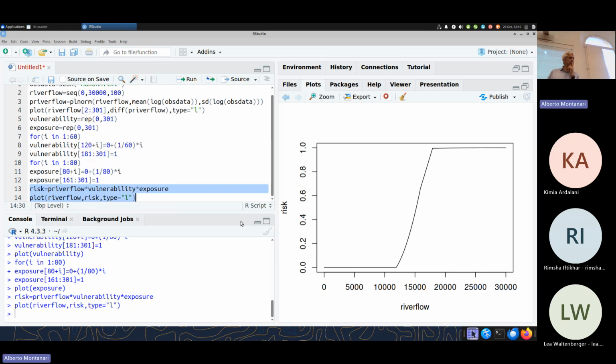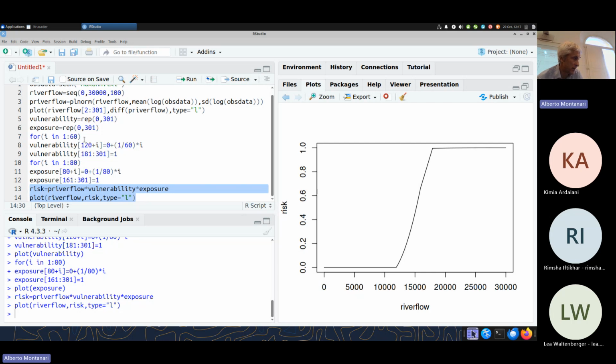But exposure, I think I made a mistake, because I took it varying from 0 to 1. I have to correct it, because exposure is given in monetary units. It's not from 0 to 1. Why did I make the mistake? Because I made a cut and paste. When I defined vulnerability, I made a cut and paste to exposure. So I have to correct it.